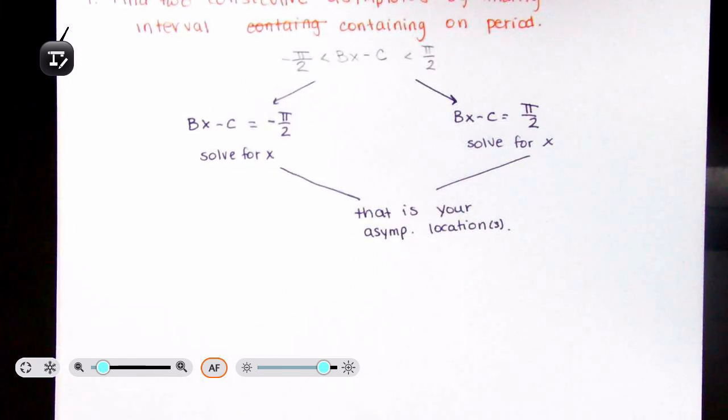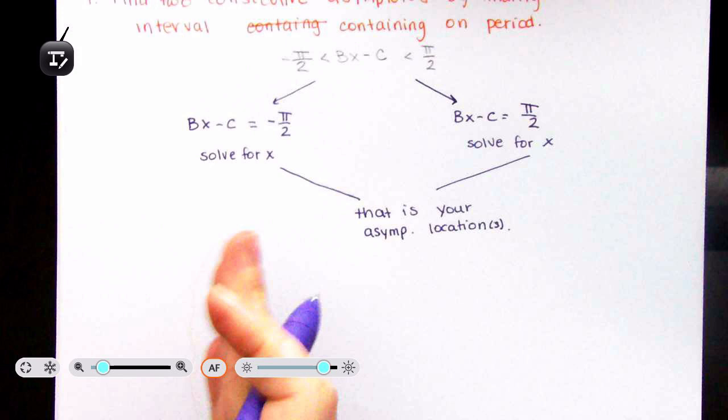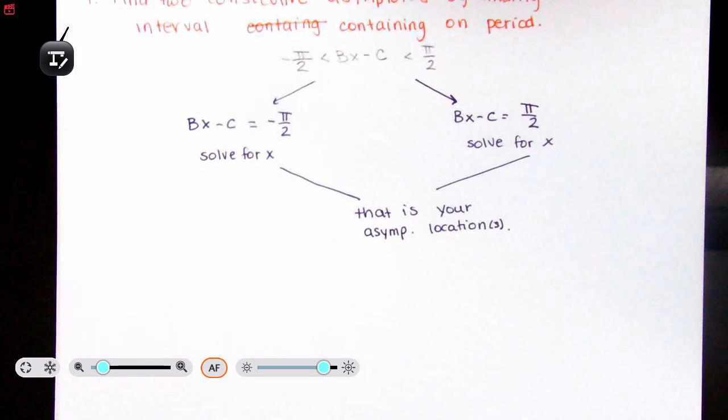You locate or identify your asymptotes by setting Bx minus c equal to negative pi halves and positive pi halves.